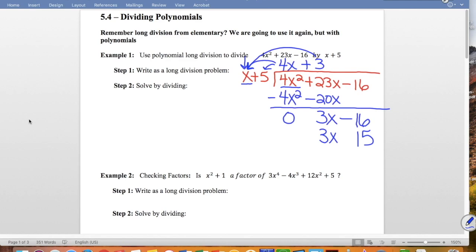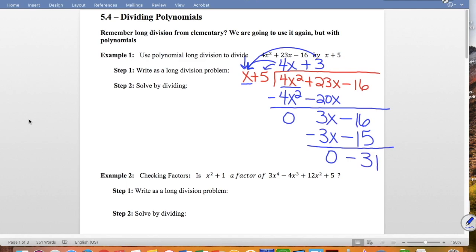Okay? Now, again, I'm subtracting, so they both need to change signs because I've distributed that negative through. I'm not going to show you that again, but I could put parentheses around there. I'm changing the sign of everything, so now I can do my subtraction. 3x minus 3x is 0, and negative 16 minus 15 is negative 31.